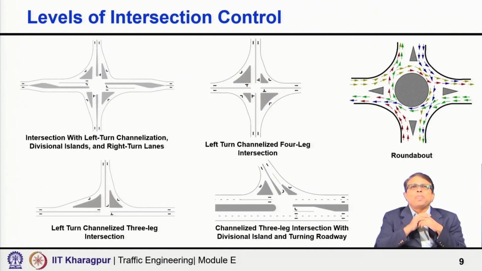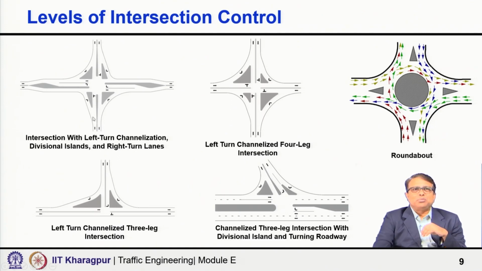Now, here I have shown you several sketches showing how channelizations can help in regulating the traffic movement as per requirement in a safer manner, right. You can see the first case, in this case it is an intersection with left turn channelization.